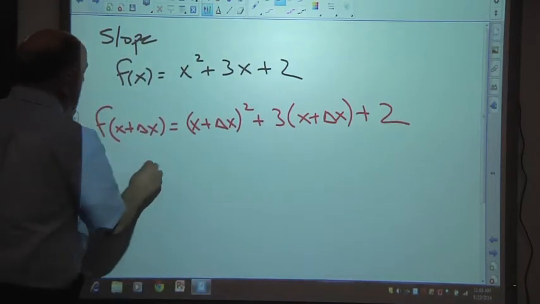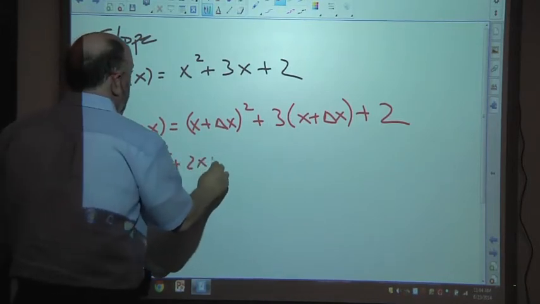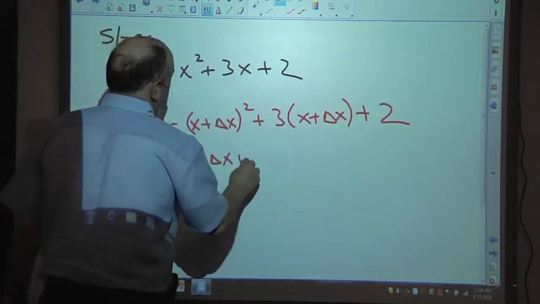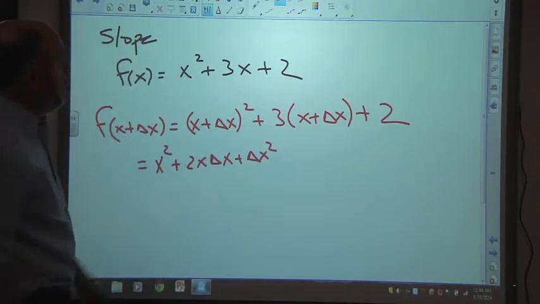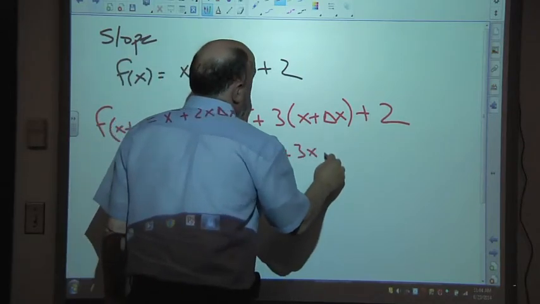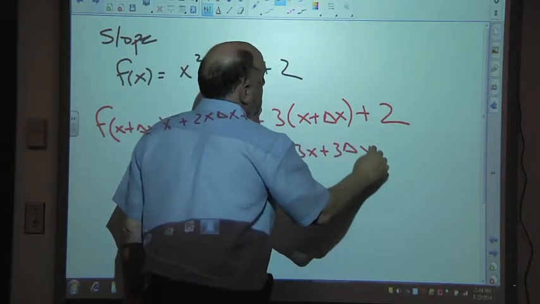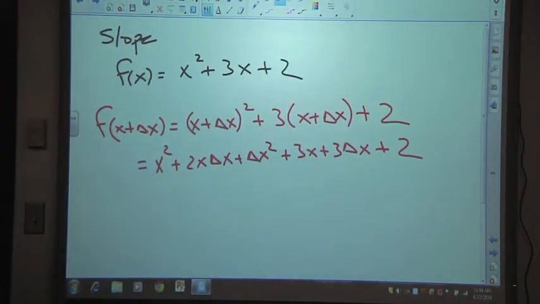Well, we saw earlier what this became: x squared plus 2x delta x plus delta x squared. That's that part. 3 times this will be 3x plus 3 delta x plus 2. So we now have my pieces. I know what this part is. We know what that is.